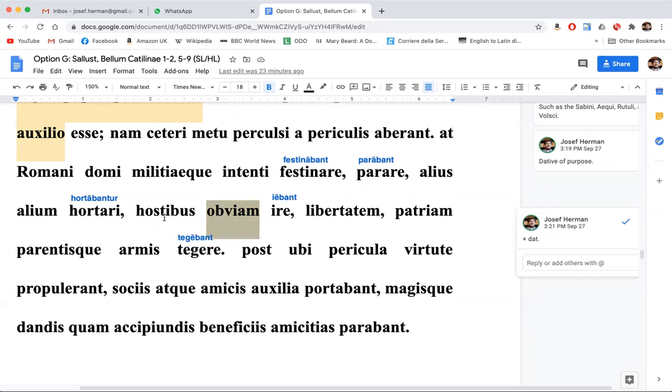So they were going against the enemy, fighting against the enemy, and defending, tegebant, literally covering, but we might say defending, with weapons, armis, ablative case, their liberty, libertatem, their homeland, patriam, and their parents, parentis.